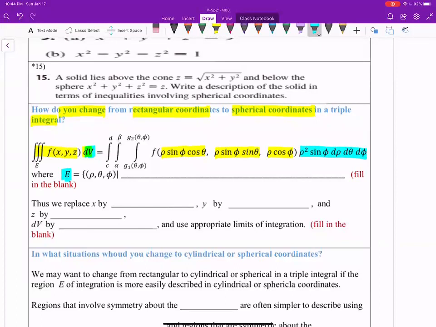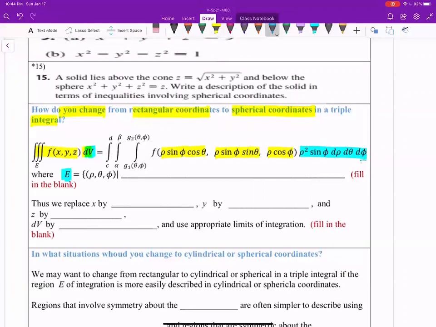Here, for the region of integration E, we have to give values for each one of rho, theta, phi. Rho lies between g1 of theta, phi and g2 of theta, phi. So we will write down the fixed limits first.